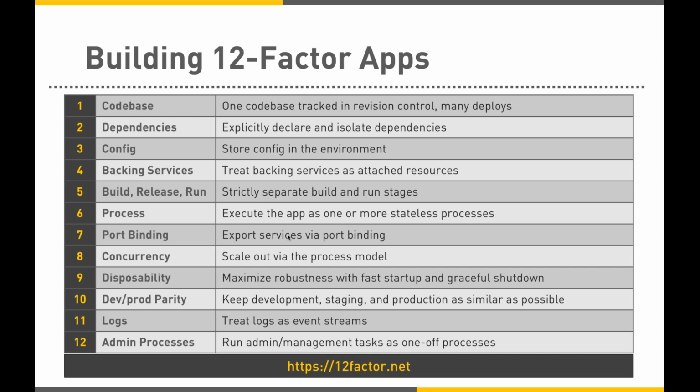So what it basically advocates is a set of 12 rules. Code base, for example: you should always use a code base in a revision control or source code control system and version it and then perform multiple deploys from that. How do you manage dependencies? Never hardwire your dependencies into your code base.